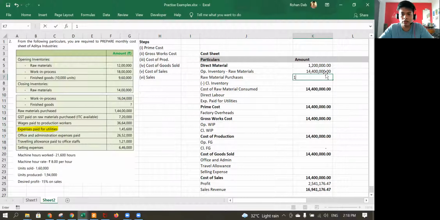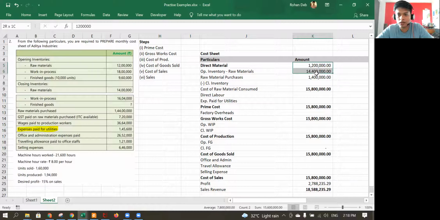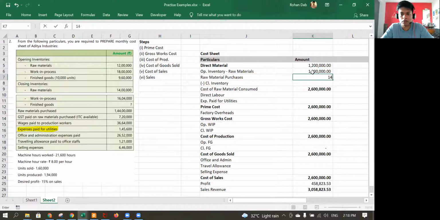So this is 14 lakhs. So I got this plus this minus this. Got it? So I got the cost of raw material consumed.